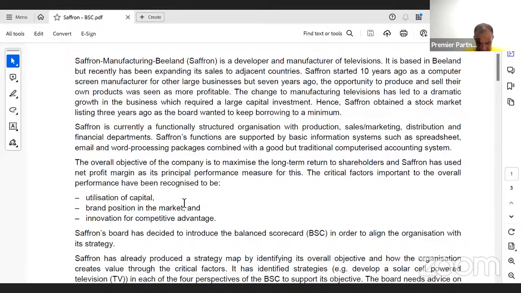Read the scenario along with the requirement to understand what exactly should be written as answers.